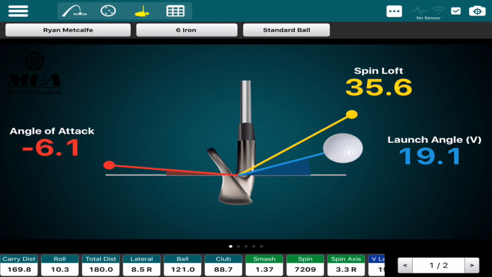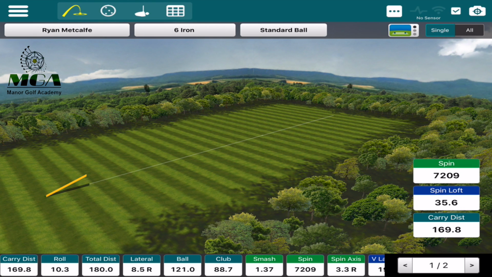If we go to my second shot, this first shot was actually hit with an 8 iron. We got a carry distance on that first shot of about 170. On my second shot, we've got virtually the same carry distance, but you can see that the spin is very much lower. It's 2,000 revolutions lower.